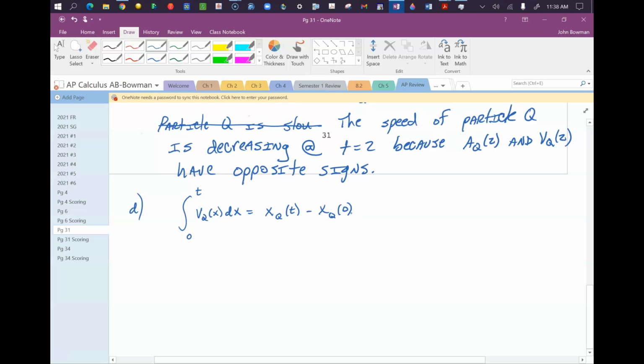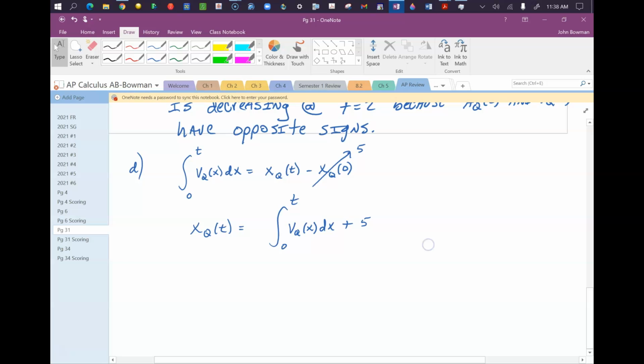And the reason I picked 0 to t is because at t equals 0, we know the initial position is 5. That was actually given to us. So we can solve this equation for xq of t and get the integral from 0 to t of vq of x dx plus 5 is what we're looking for.